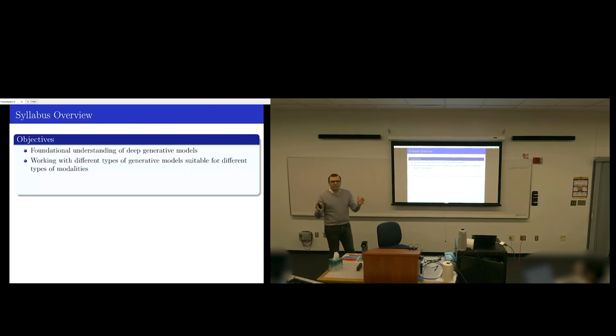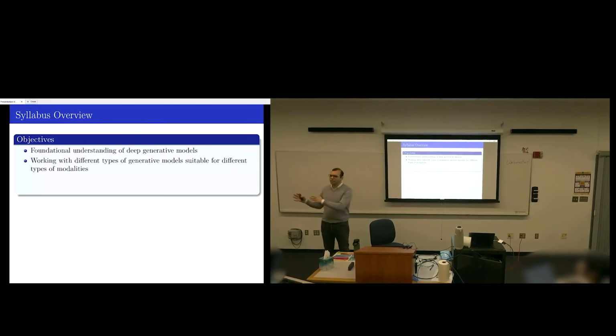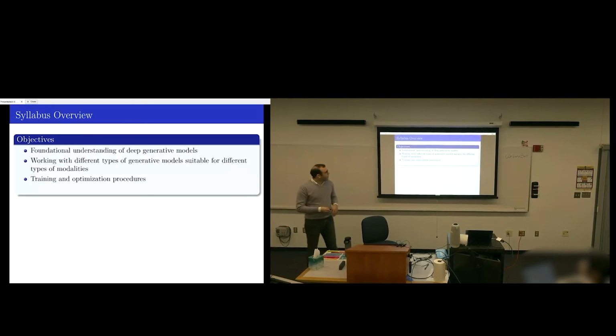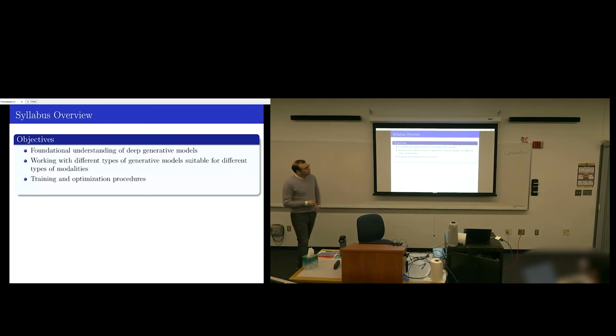We talk about the model itself. Then you can easily apply it for different types of data. We also talk about the training and optimization. This part is partially in the presentation. For example, for the GANs, we talk about some training and optimization tricks. But generally, you practice this item in your homeworks.